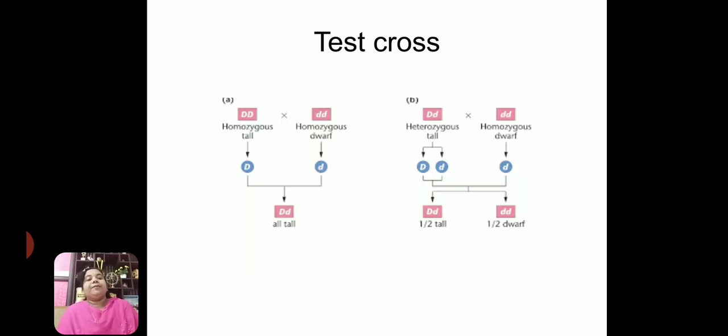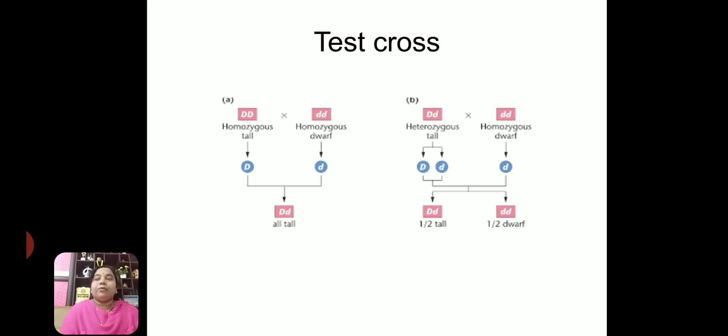Here is an example of a test cross, that is capital D into small d. Here the individual is capital D small d. We can cross that capital D small d with small d small d, because the homozygous dwarf is recessive, and we are sure of its homozygous condition.